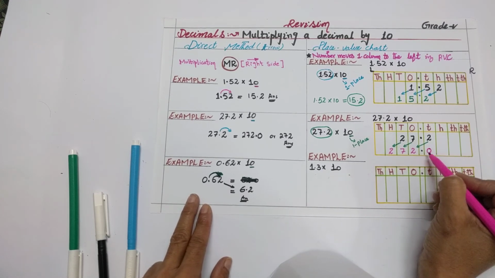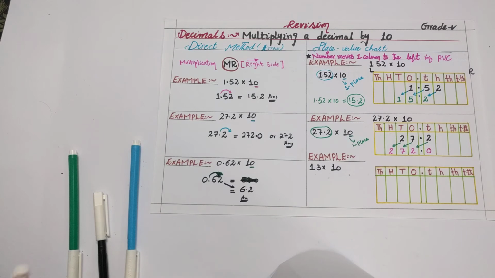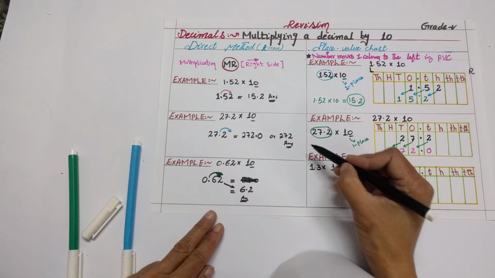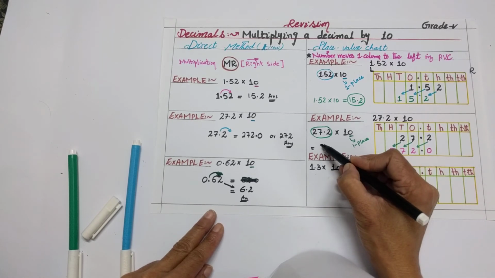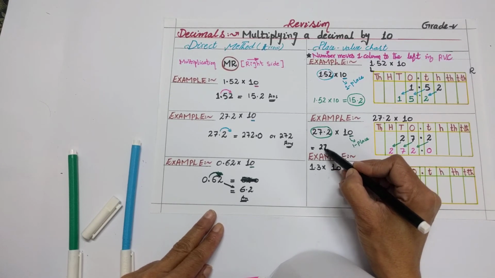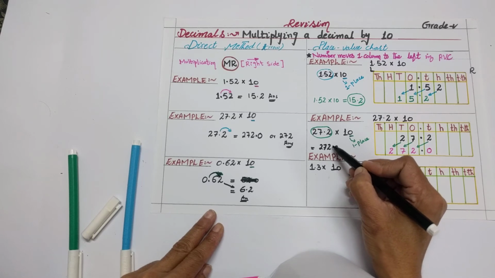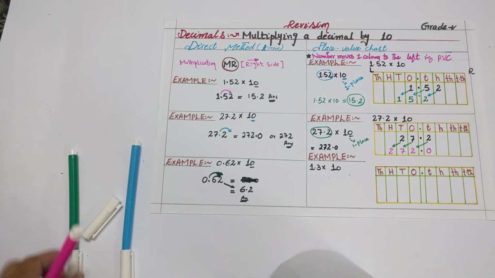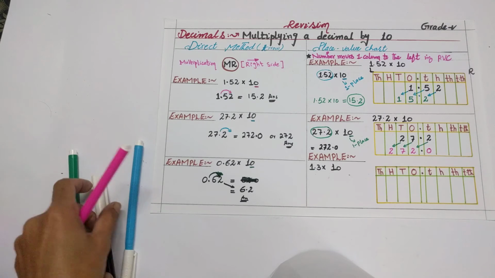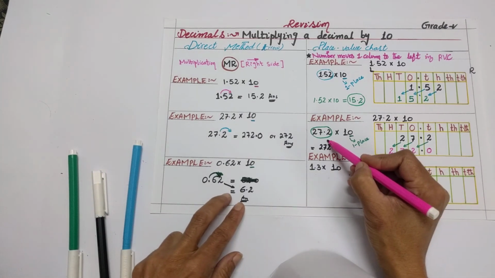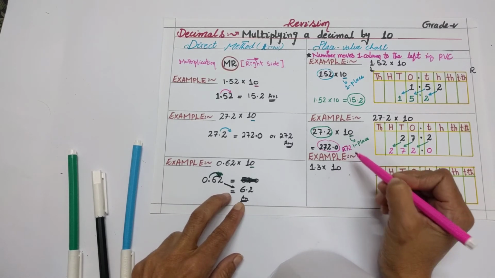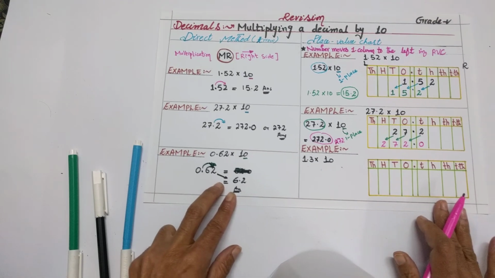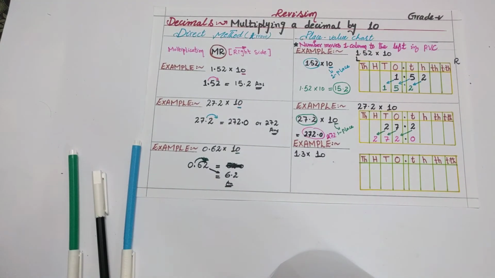So after multiplication, what is our answer? 27.2 multiplied by 10, we are getting the answer 272.0. That is our required answer, or you can also write 272. Got it? Come to the third example.